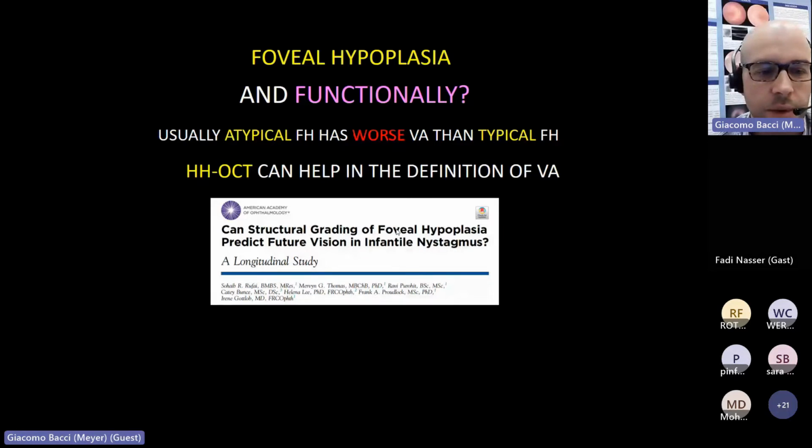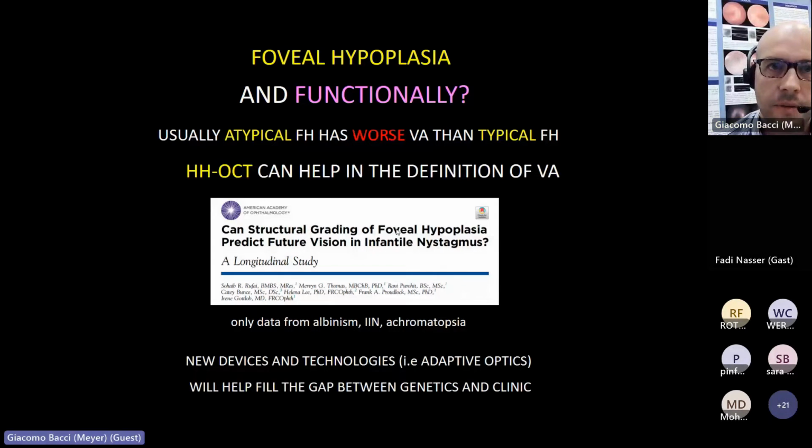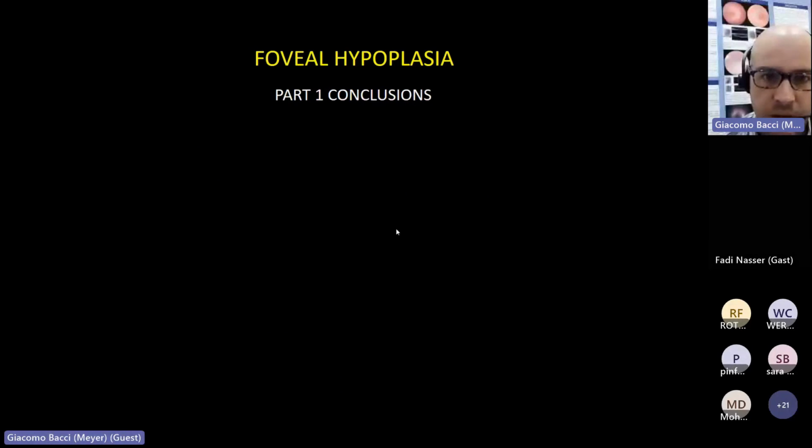And this is the recent paper led by ERN-EYE that actually demonstrated this relationship, and it is interesting, even if it is mainly focused on albinism, infantile nystagmus, and achromatopsia. And we think that new devices and technologies such as adaptive optics will help to fill this gap between genetics and phenotype.